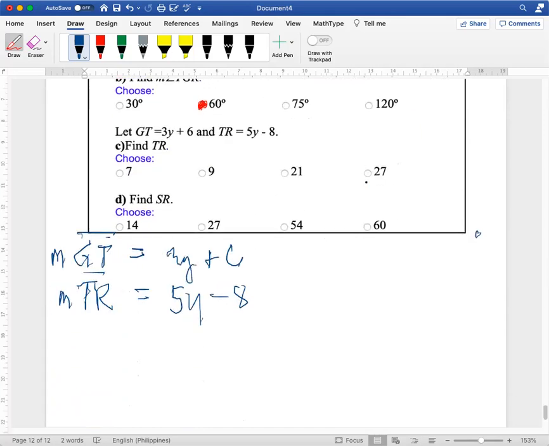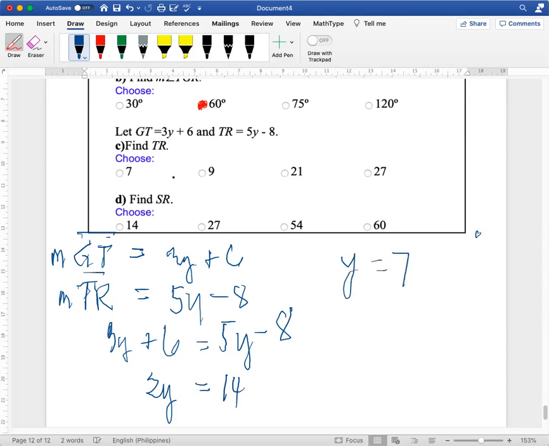So therefore, since they are congruent, we could say that 3y plus 6 is equal to 5y minus 8. So to solve for y, this becomes 2y. The solution will be shortcut. So 2y equals what? 14. So y is equal to 7.